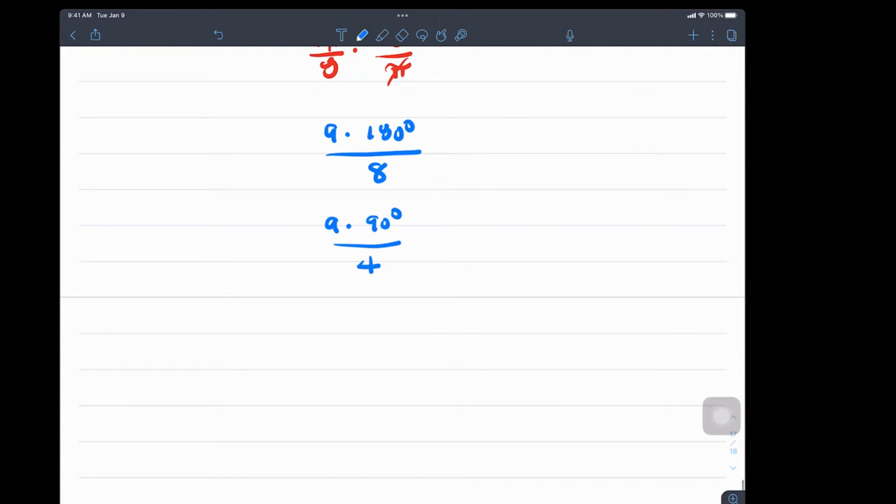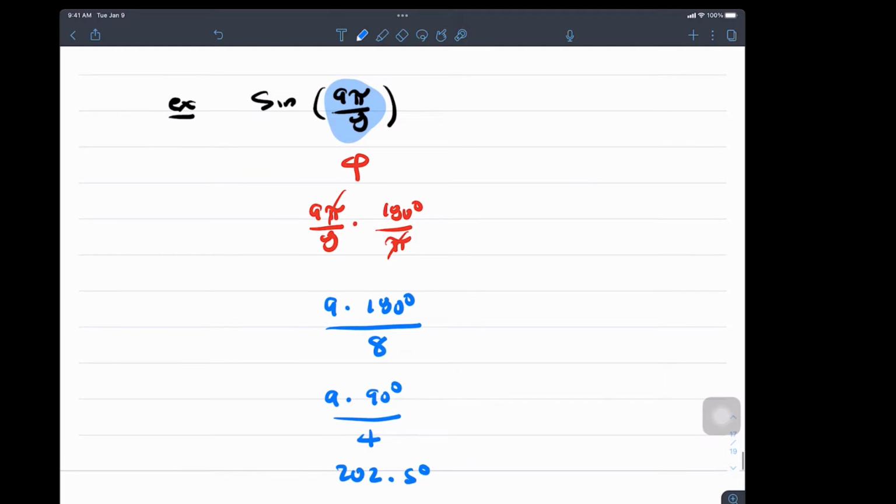What does that give you? 202.5 degrees. Okay? So this is sine of 202.5 degrees. That's 405 degrees divided by 2? Is that what it is? My Lord.